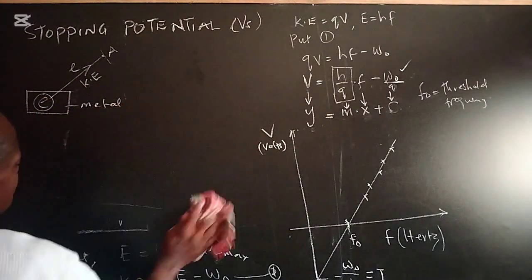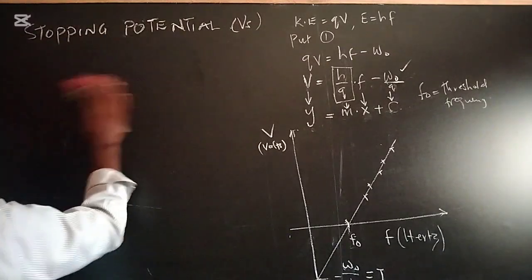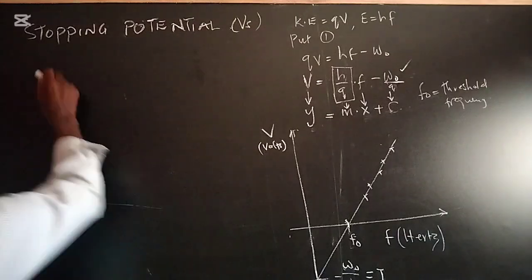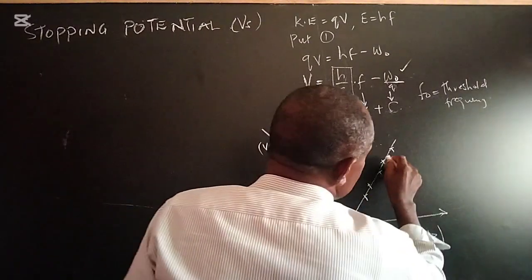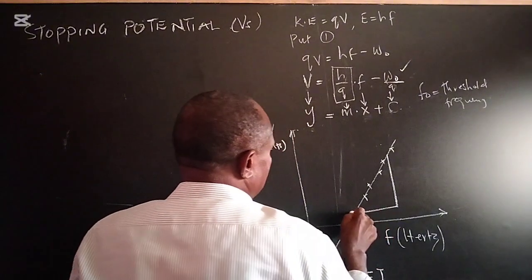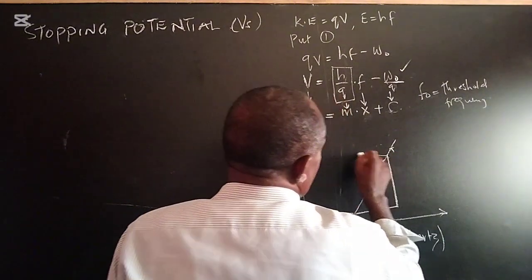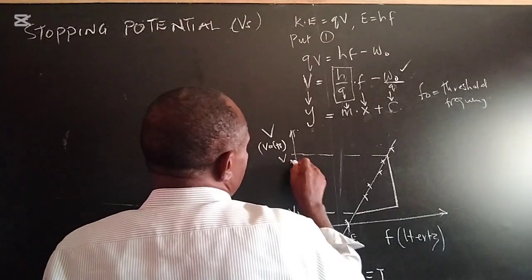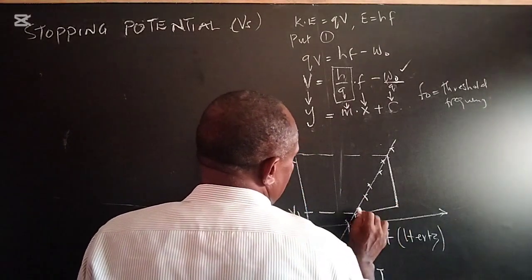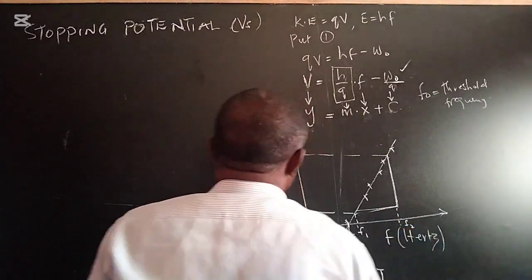So the next thing we're going to do: if we want to find the slope of a graph, this will be V1, this will be V2, your F1, and this one is F2.